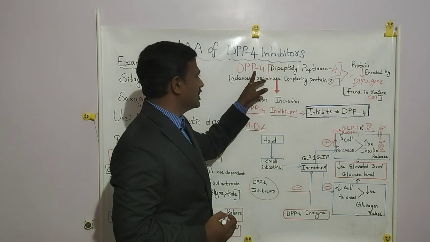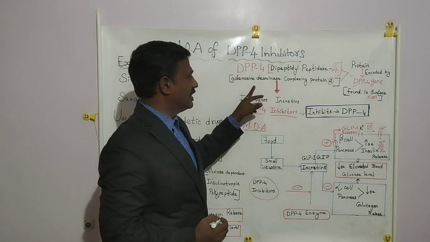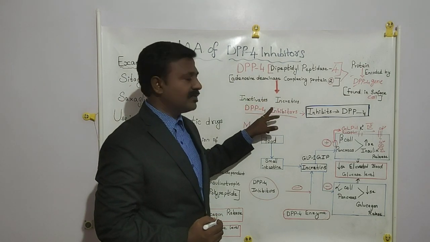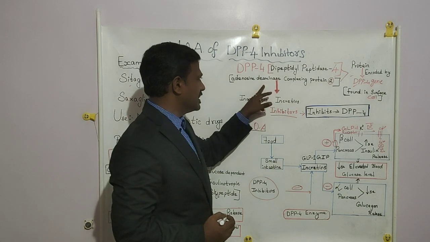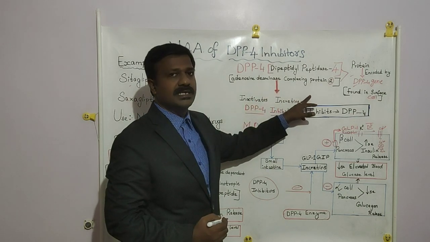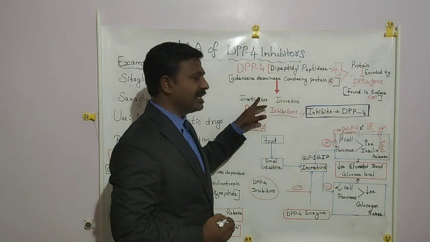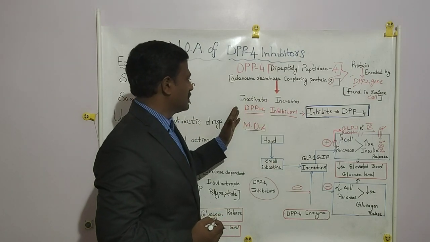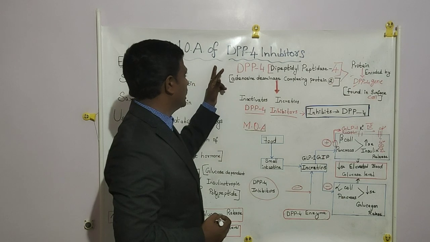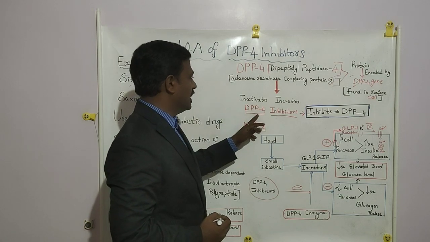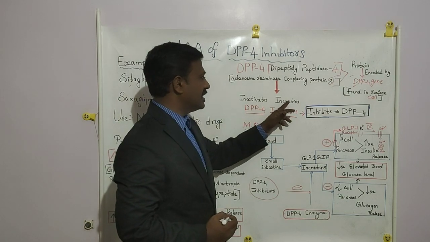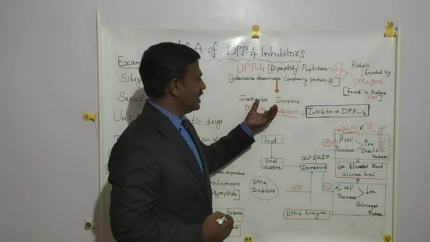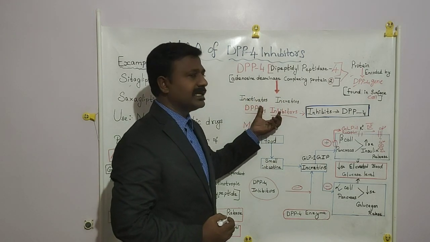Then what is the function of the DPP4 enzyme? It inactivates the incretins. These enzymes are released from the endothelial cells. They degrade or inactivate the incretins. So what is the mechanism of action of DPP4 inhibitors? DPP4 inhibitors inhibit this DPP4 enzyme, thereby prolonging the action of incretins.